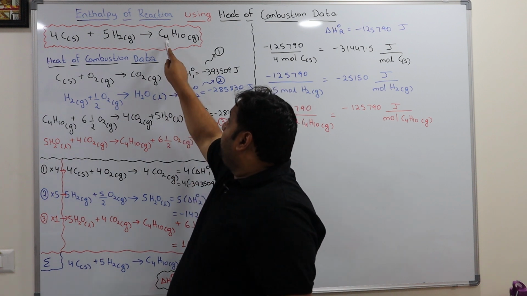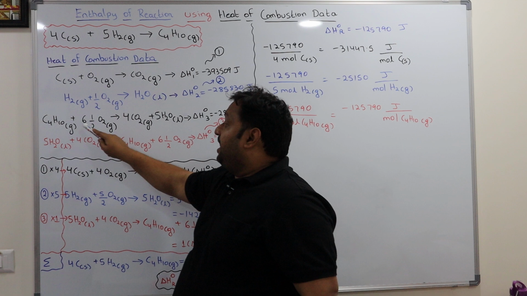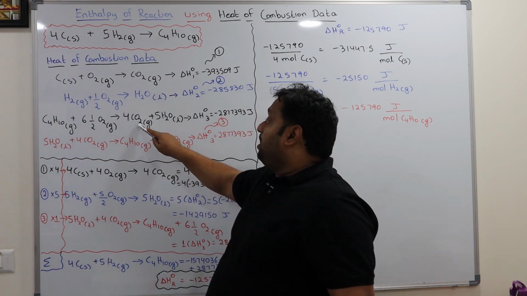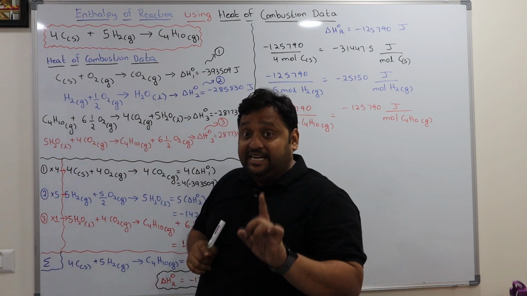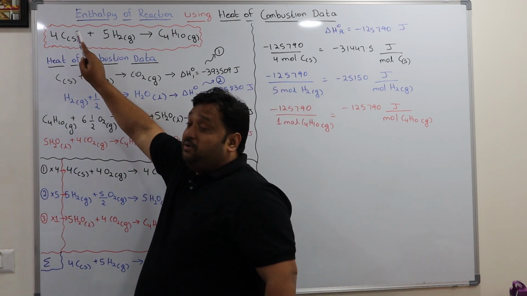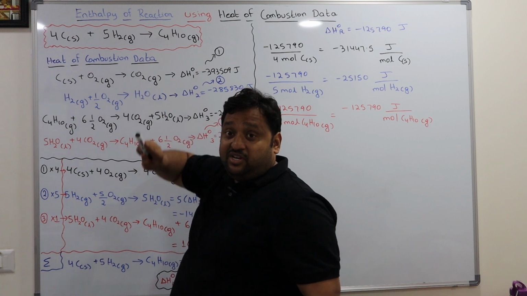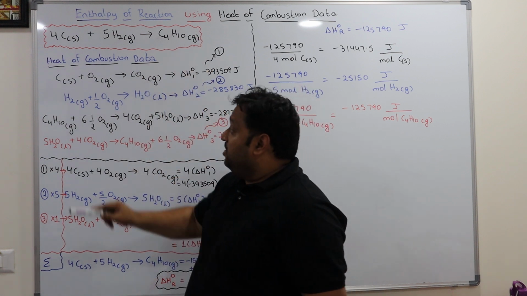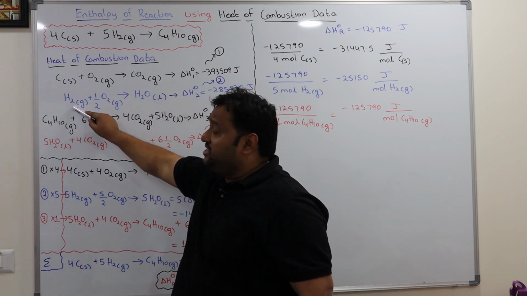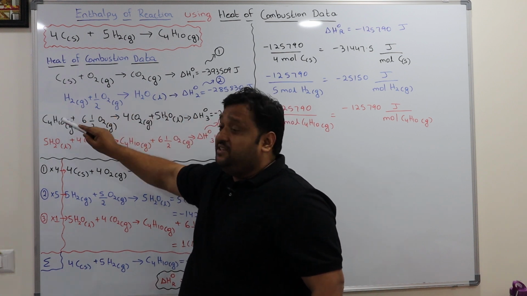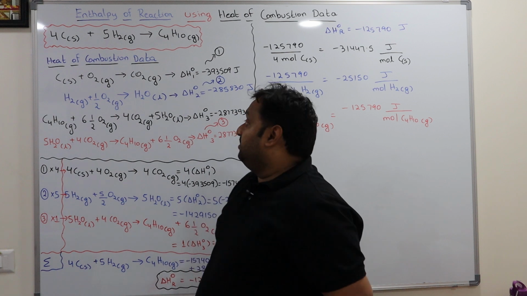Similarly, how my C4H10 is reacting with oxygen to form carbon dioxide and water. So our interest is carbon, hydrogen and C4H10. Carbon is in the first reaction, hydrogen is in the second reaction, and C4H10 is in the third reaction.